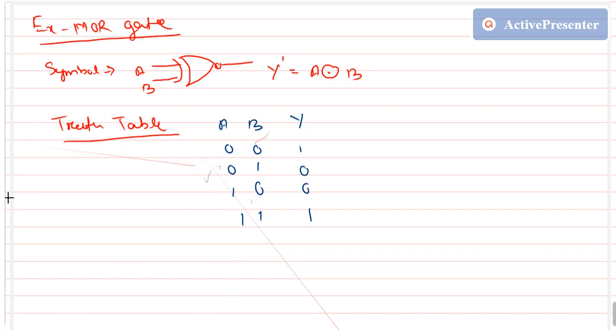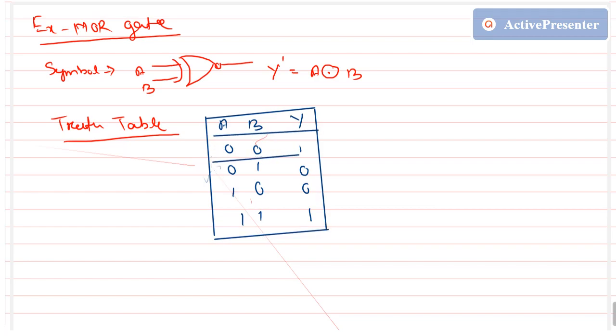So from here what can we understand? You see the table. In the table the output is equal to 1 when the inputs are same, but the output is equal to 0 when the inputs are different.